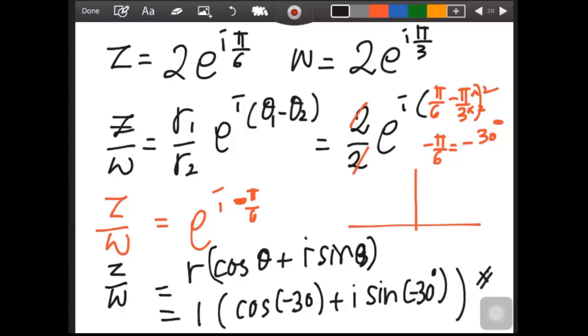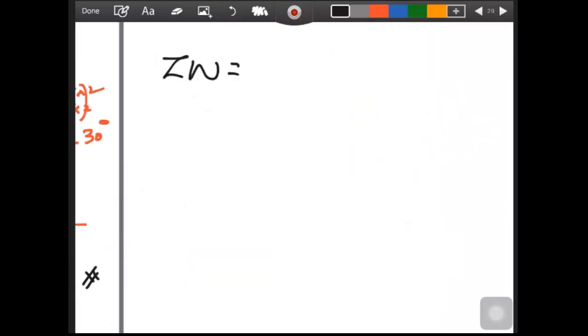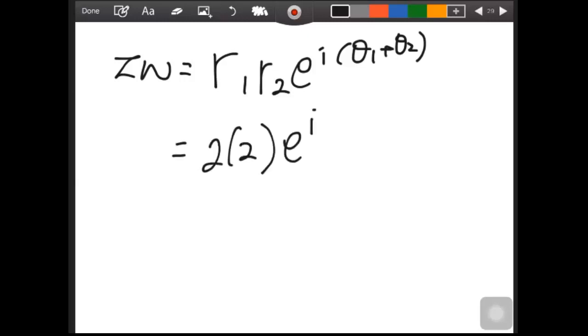Okay. So kalau untuk ZW pula, so kita akan tambahlah. So kita ada R1 darab R2, exponential I theta 1 plus theta 2. Okay, so dia punya tadi adalah 2 darab 2 exponential I. So kita ada pi over 6 plus dengan pi over 3.